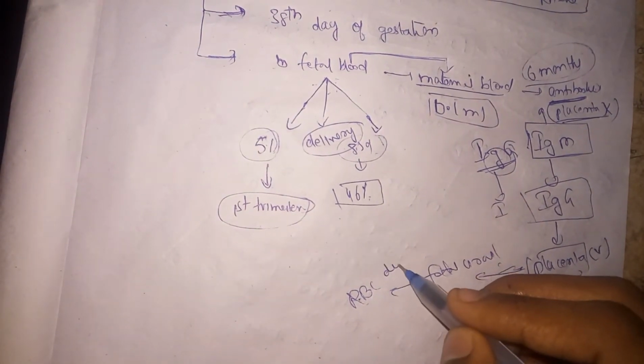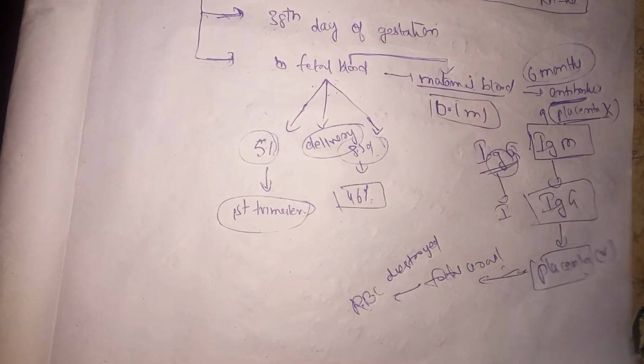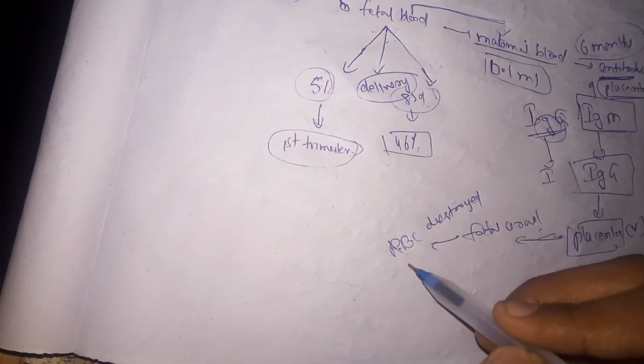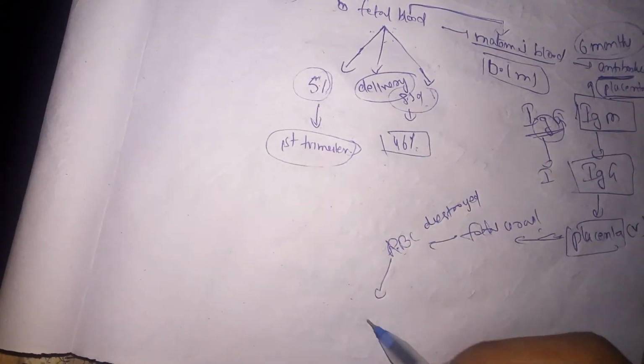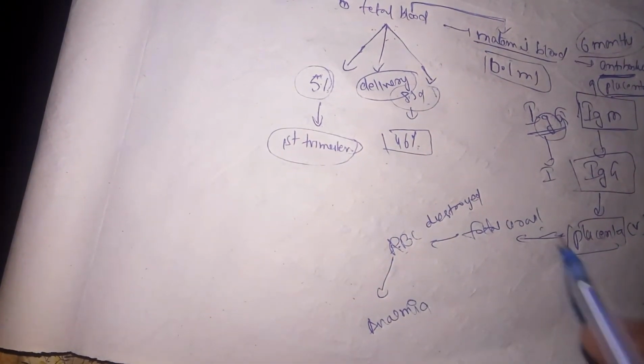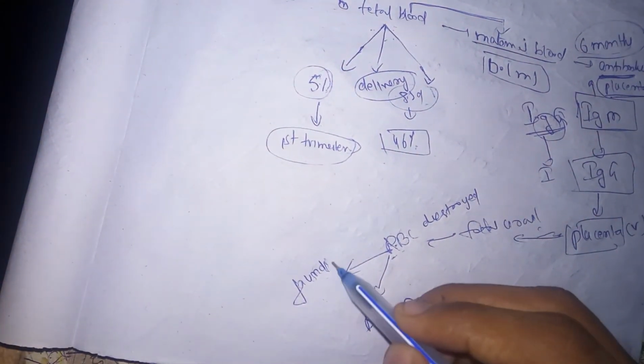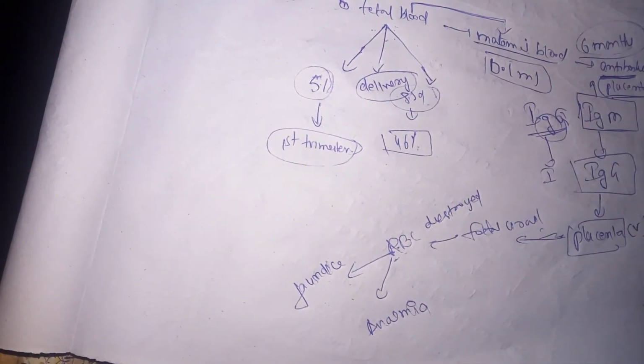Hence RBC will be destroyed. Due to destruction of RBC, this leads to anemia, and this also leads to jaundice.